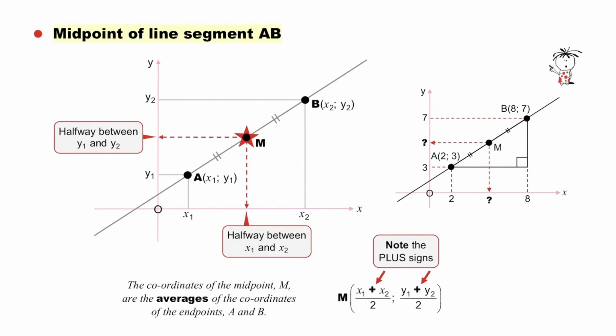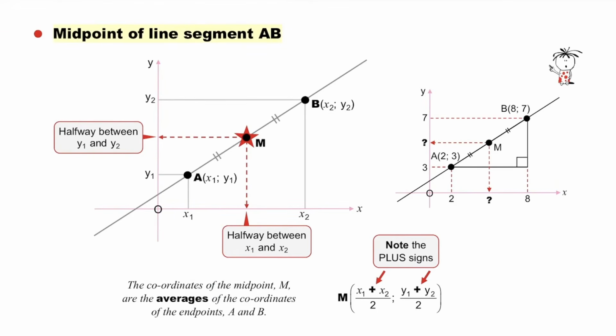We return to the original slide, and so now we know that not only are the coordinates of the midpoint M halfway between the coordinates of the endpoints, but they are also the averages of the coordinates of the endpoints A and B. And that is really important because it explains the plus signs here and here in the formula.